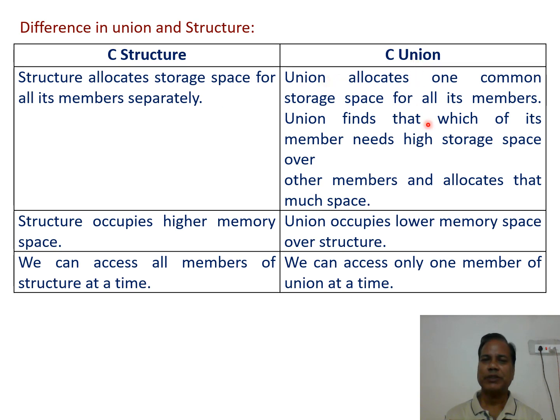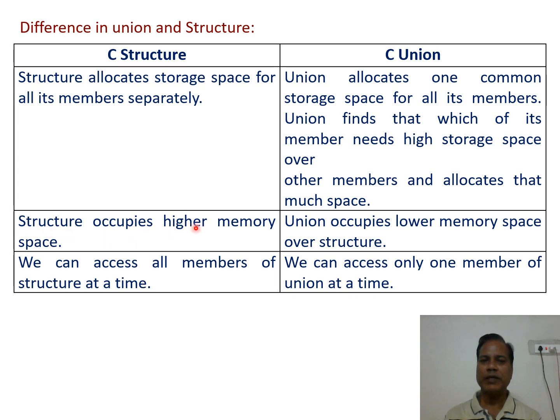Whereas in the case of the C union, a union allocates one common storage space for all its members. The union finds which of its members needs the most storage space and allocates that much space.